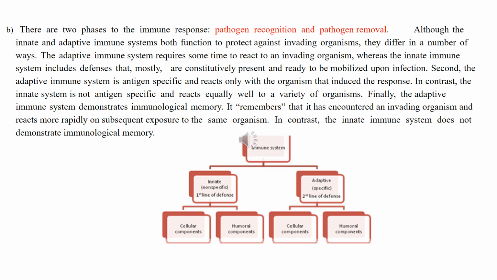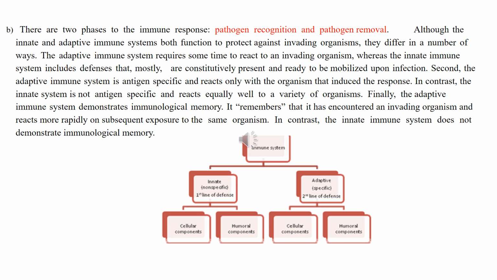Although the innate and adaptive immune systems both function to protect against invading organisms, they differ in a number of ways. The adaptive immune system requires some time to react to an invading organism, whereas the innate immune system includes defenses that mostly are constitutively present and ready to be mobilized upon infection.